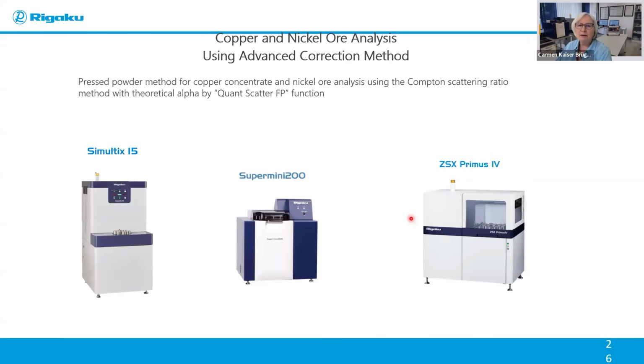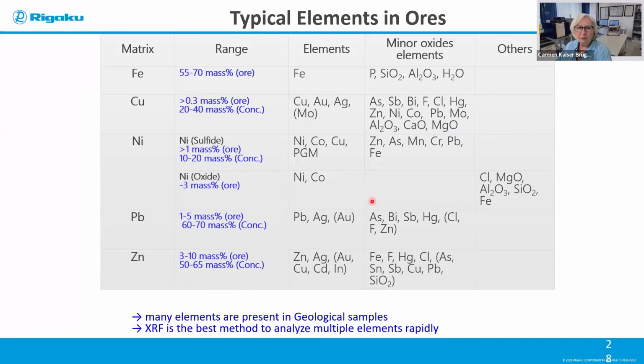So in our software, we have some correction models, which are very useful for the mining applications. So typical elements in ores that we have, for example, would be if you have an iron matrix, you have other minor oxides and elements present, like shown here, or if you have a copper concentrate or a nickel concentrate, you have another group of minor elements.